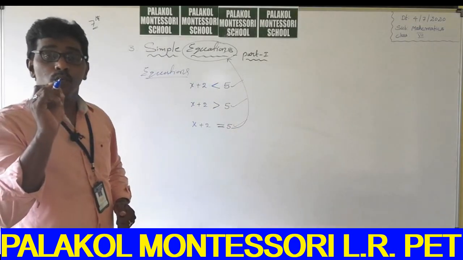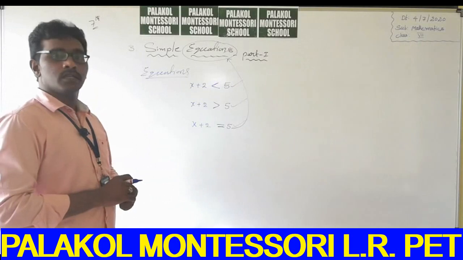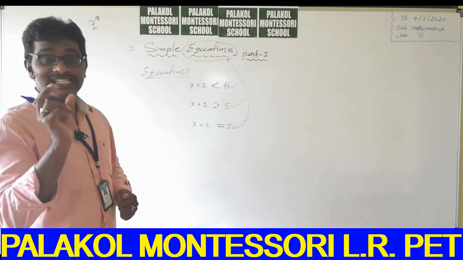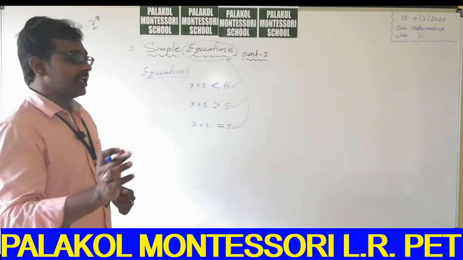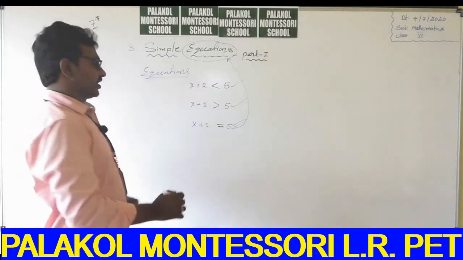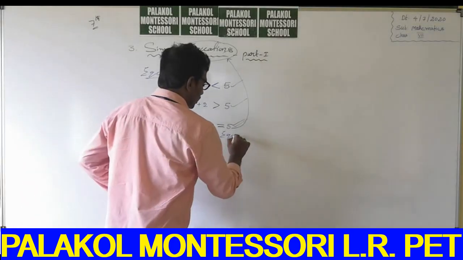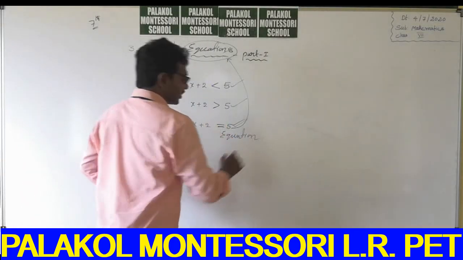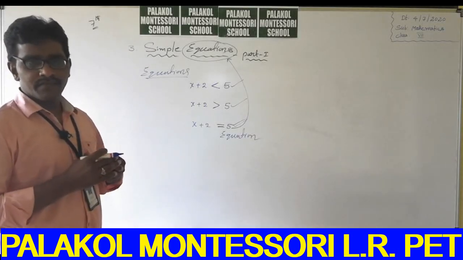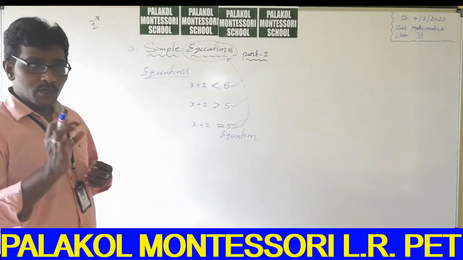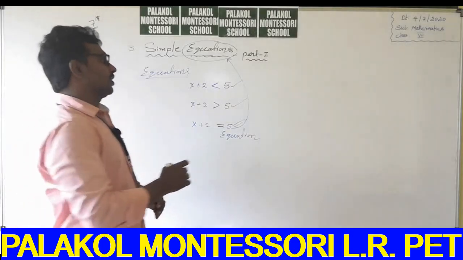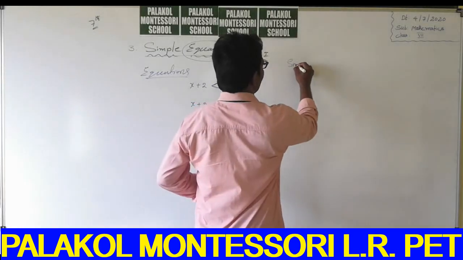So the open sentence that uses the sign of equality is called an equation. There are different types of equations, but according to your chapter title, simple equation. Now we discuss the simple equation.